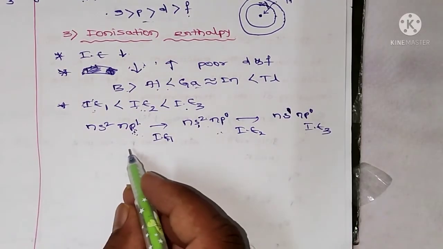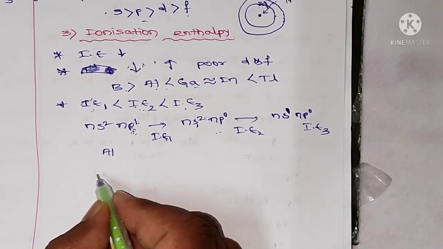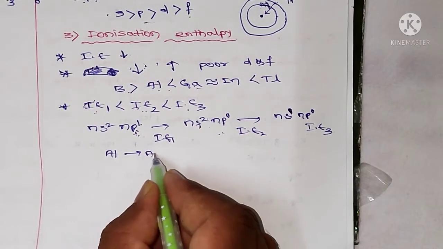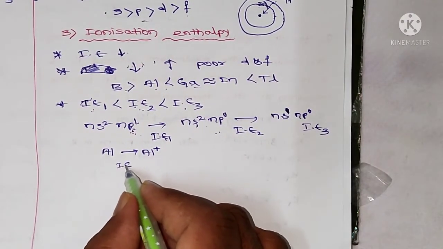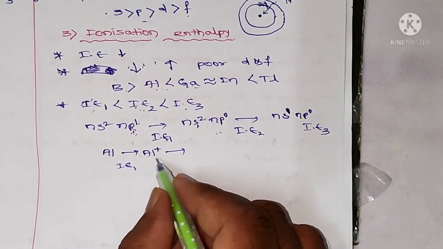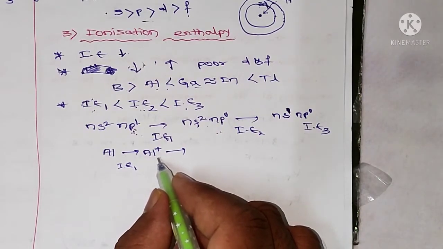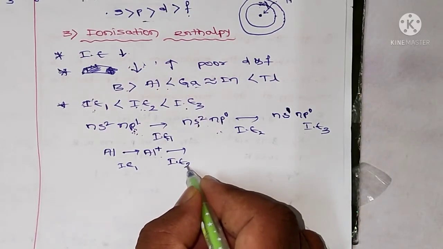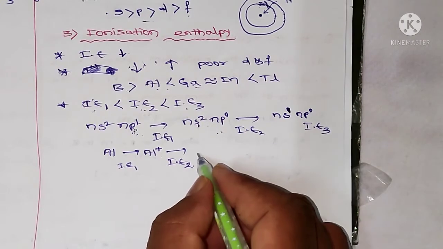For example, if I take aluminium, Al, and remove one electron, we get Al+. This is called the first ionization enthalpy. More energy is required to remove an electron from the monopositive ion, and that is the second ionization enthalpy.